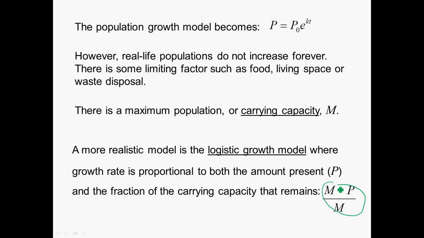So what it means is the growth rate is proportional not just to P. If you're just proportional to P, that's dP dt equal to just proportional to the amount present. But for logistic growth, you are both proportional to the amount present and a fraction of the capacity that remains, a fraction of that carrying capacity.